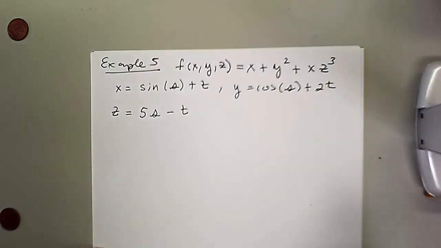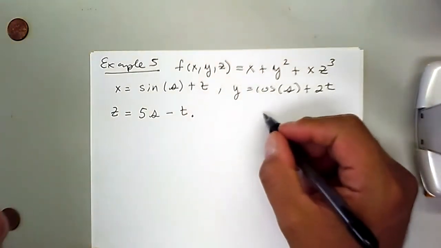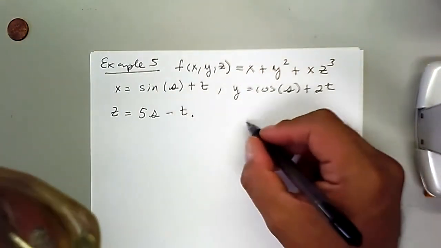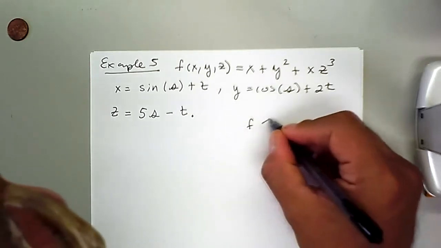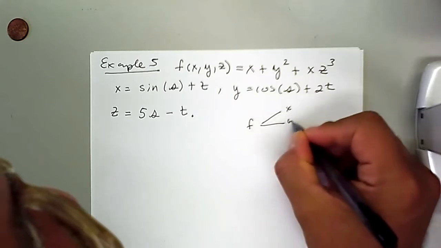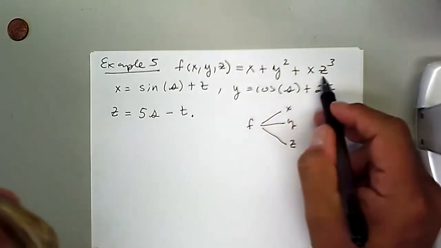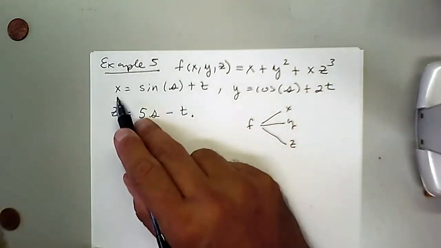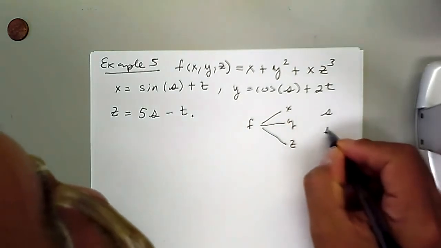Before I ask the question, this is just the setup of the example. We haven't even finished. But let me just tell you what was going on. F is a function of x, y, and z. In turn, x is a function of s and t.